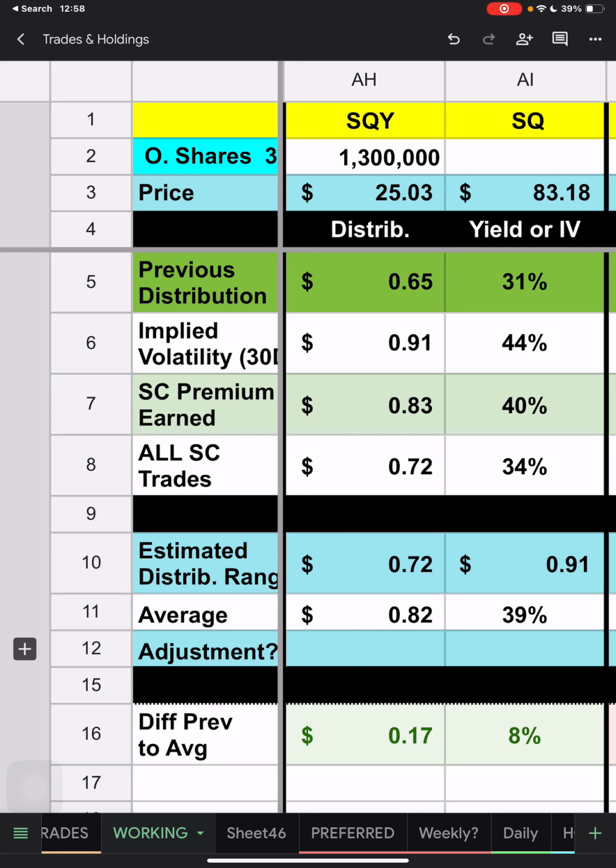SQY. So previous distribution was 65 cents. Let's find that on my handy dandy spreadsheet. I just said 65. So it's only had 5 months of distributions. So this one's been crazy. So we've had 33 cents, 44 cents, 65 cents.